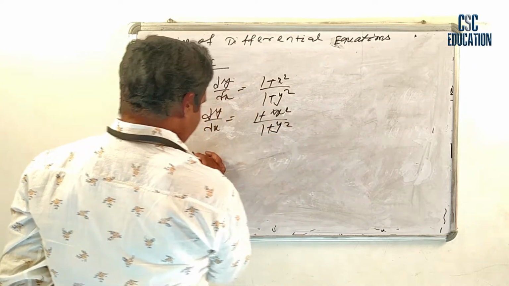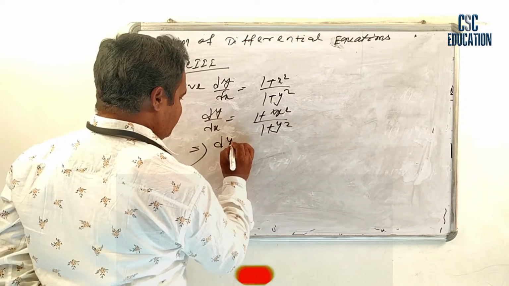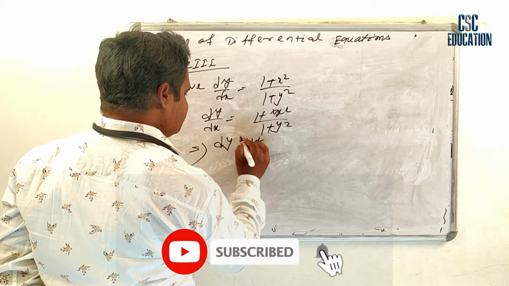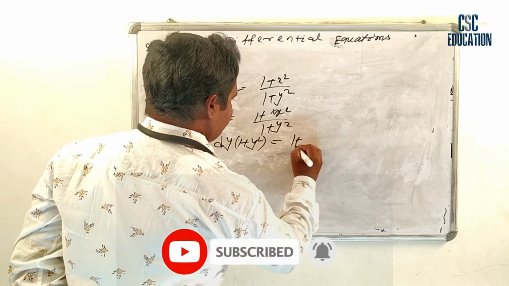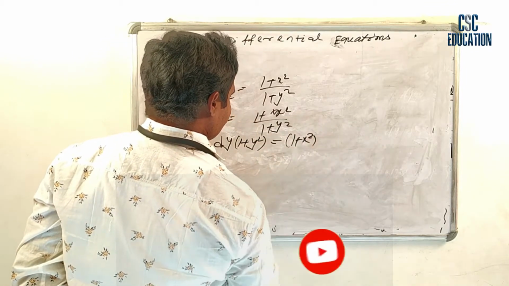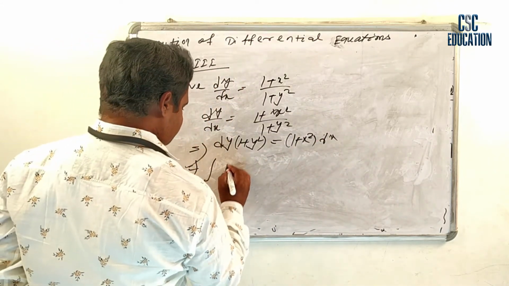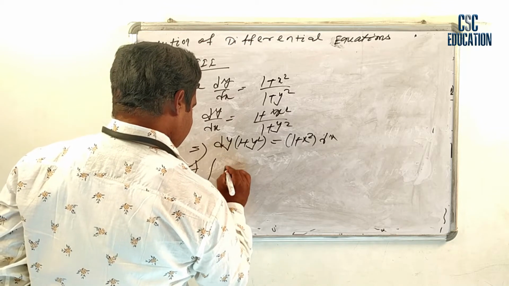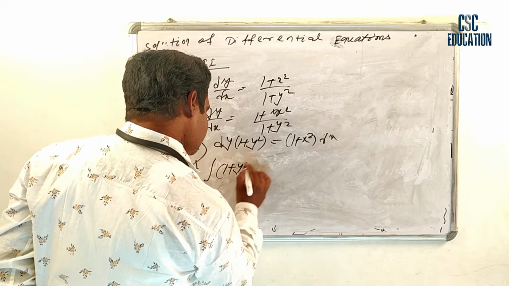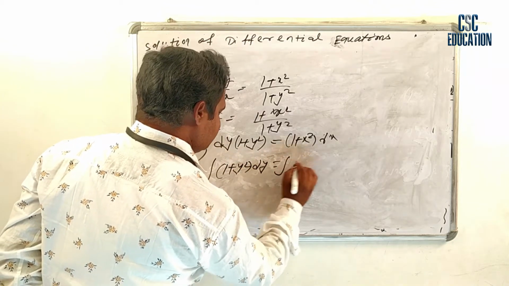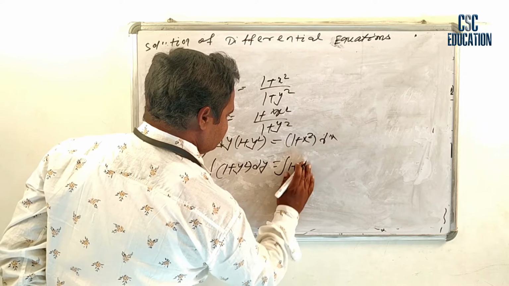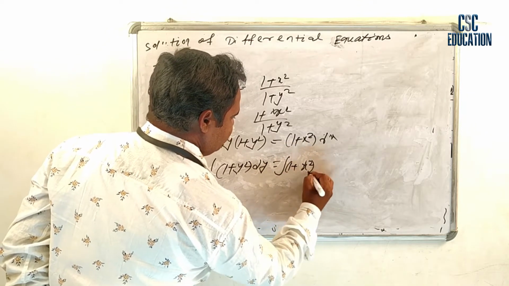Given dy by dx equals 1 plus x square divided by 1 plus y square, separating gives 1 plus y square dy equals 1 plus x square dx. Integrating both sides, the integral of 1 plus y square dy equals the integral of 1 plus x square dx.